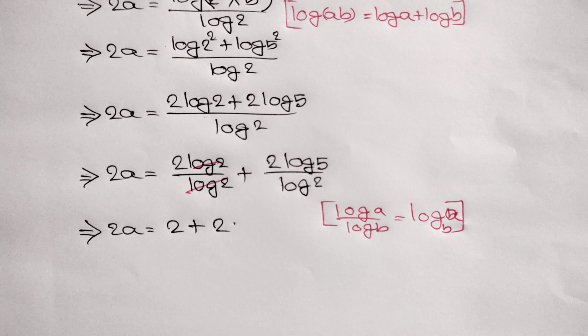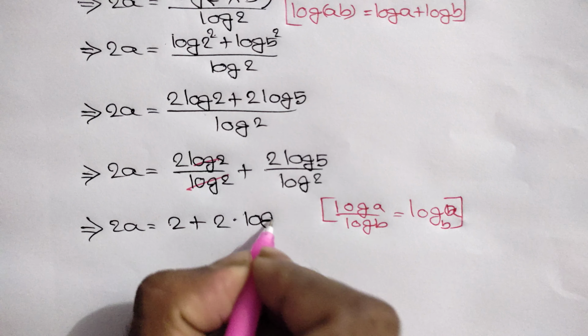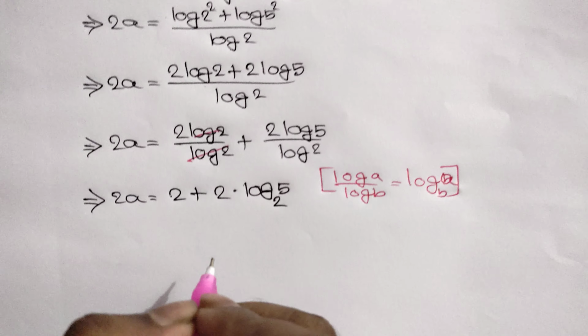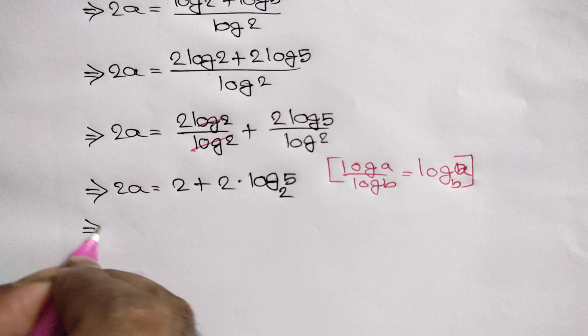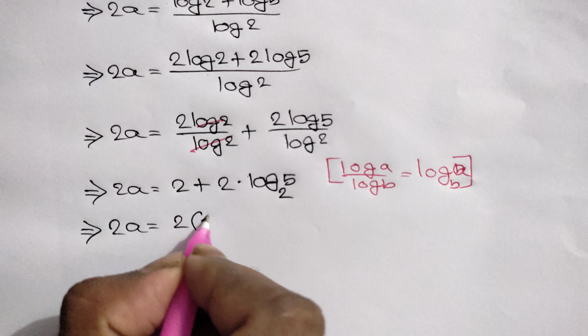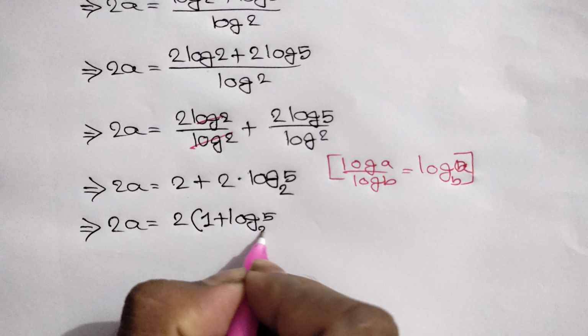Now apply this formula. Here we will get 2 times log of 5 base 2.